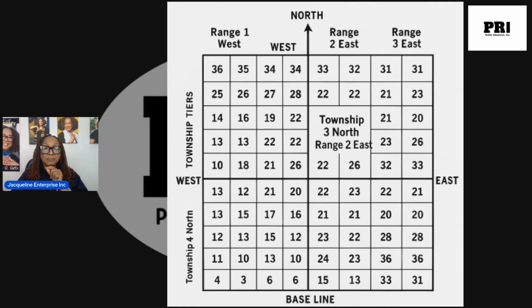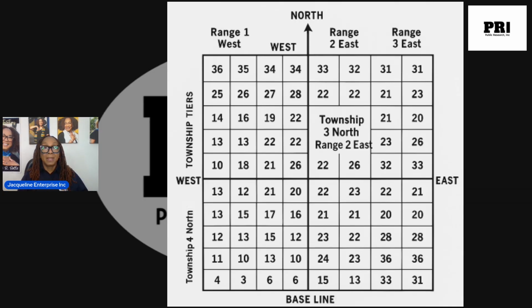So we measure land a lot of times in acres. That's what we hear. We don't always hear a square acre. We just hear an acre. So a standard unit of an acre is 43,560 feet. That's for a standard acre.